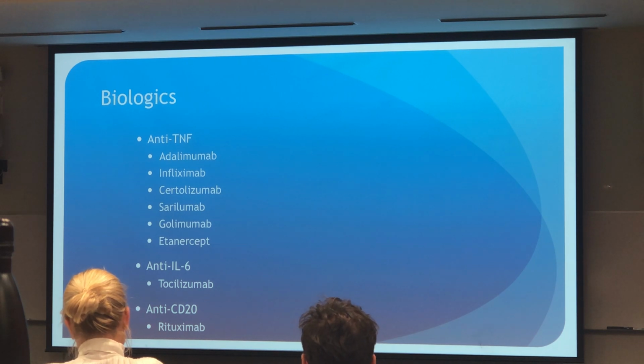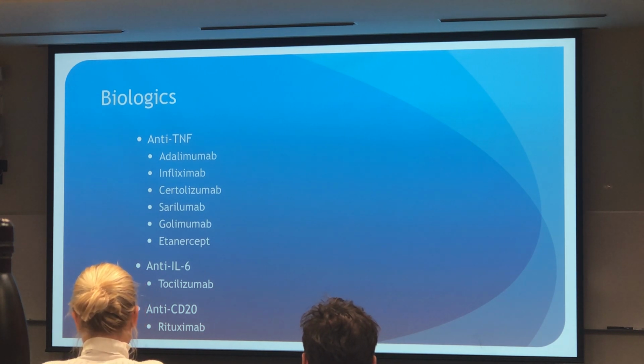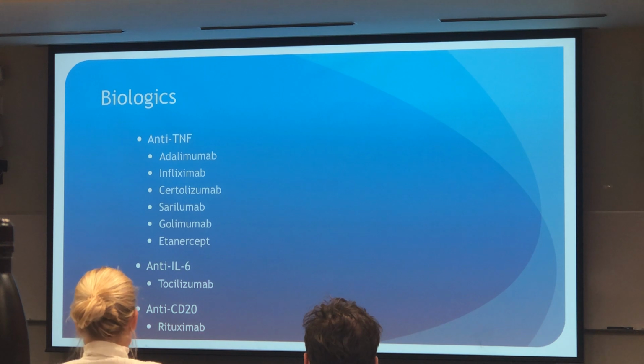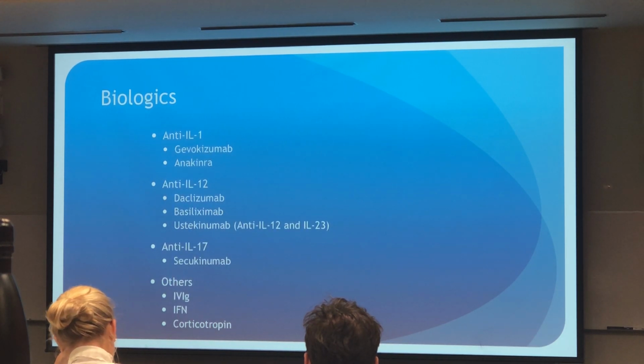As we begin to understand how these things work, some of them work quite well. The TNF-alpha inhibitors were the first set of biologics that came out, etanercept, infliximab, then followed by adalimumab. Now, in addition, we have some data on tocilizumab, the interleukin-6 inhibitor, and rituximab has also been used widely.